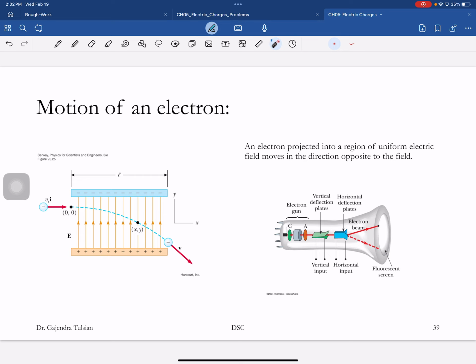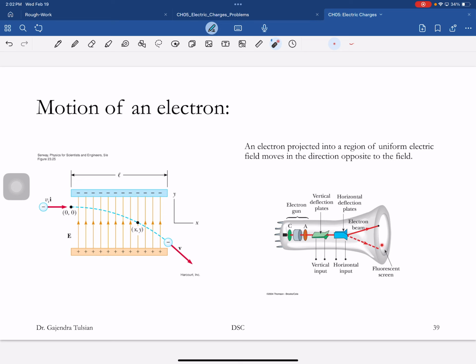Okay. So here's a cathode electron gun, which is spitting out electrons. Here's a beam of electrons. And this set of plates deflects the electron beam vertically. Okay, if you make this positive, the electron beam will deflect that way. If you make this negative, it'll deflect down. So depending on the charges you put, and these two plates deflect the beam horizontally.